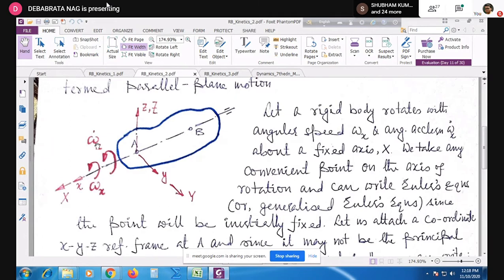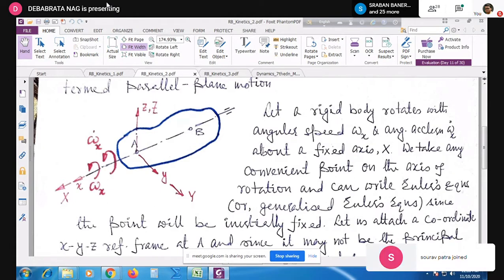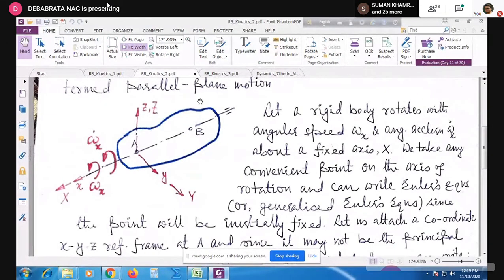Suppose, for example, in a problem your rigid body is undergoing a parallel plane motion, as we will see soon in our problem solution discussion, your rigid body may be assumed to be rotating about some other axis, and that axis is not designated as the x-axis. It is designated as the z-axis, or it is designated as the y-axis.